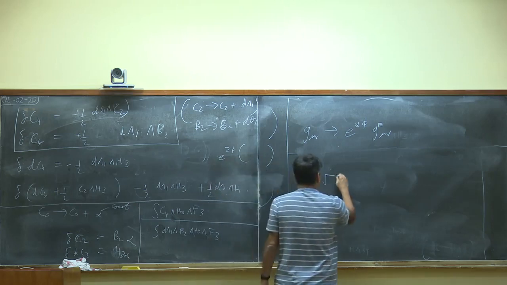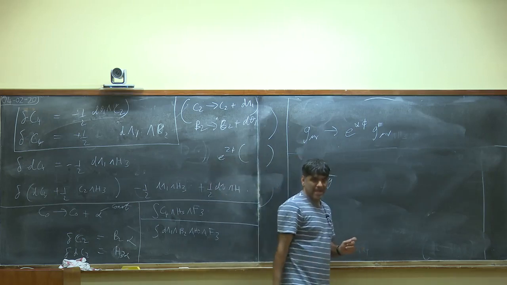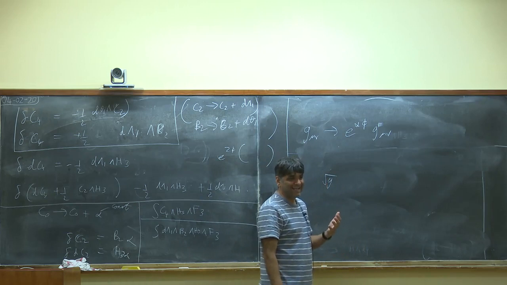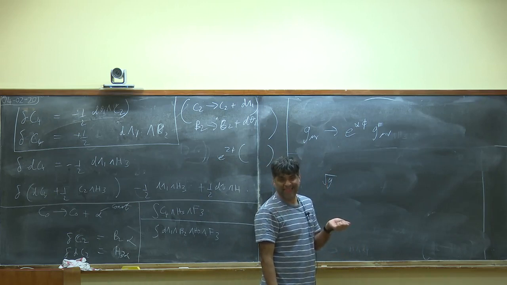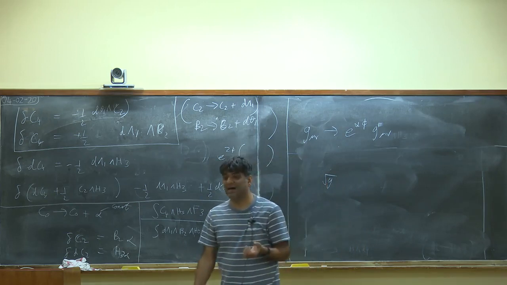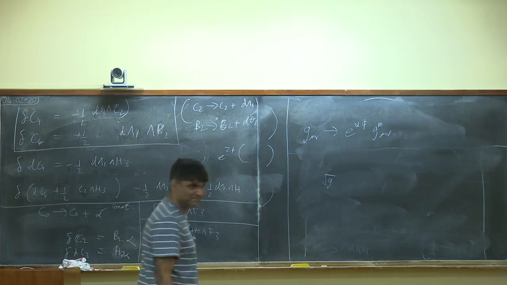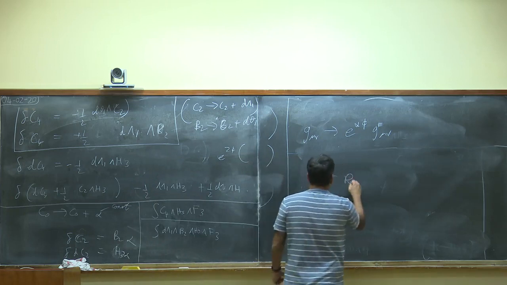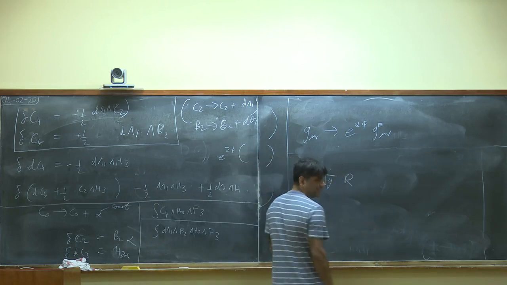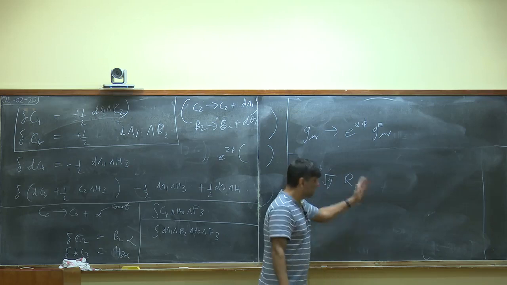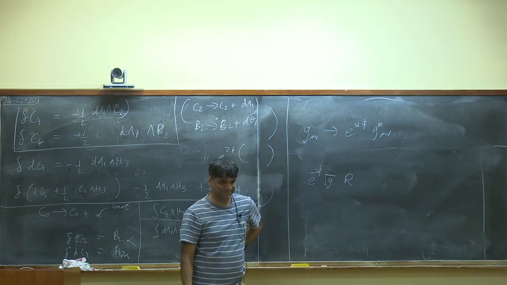Suppose I take square root G and R. Now, R involves a term that is two derivatives on a single fluctuation of the metric. Okay, so suppose I take square root G R and e to the power minus 2 phi, as we had. Now, I want to take this Lagrangian and expand it to quadratic order.